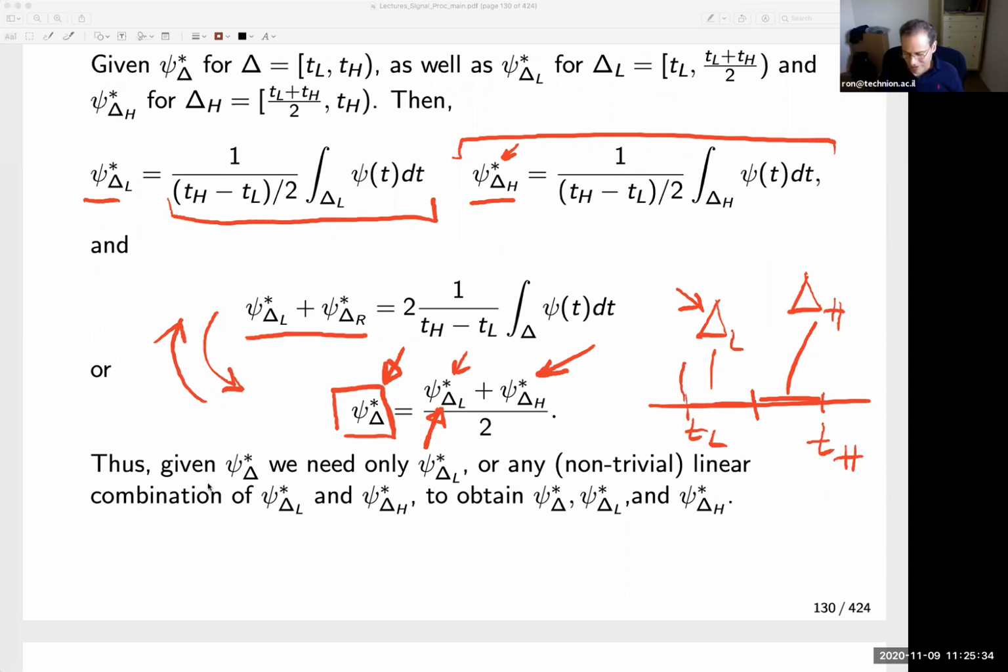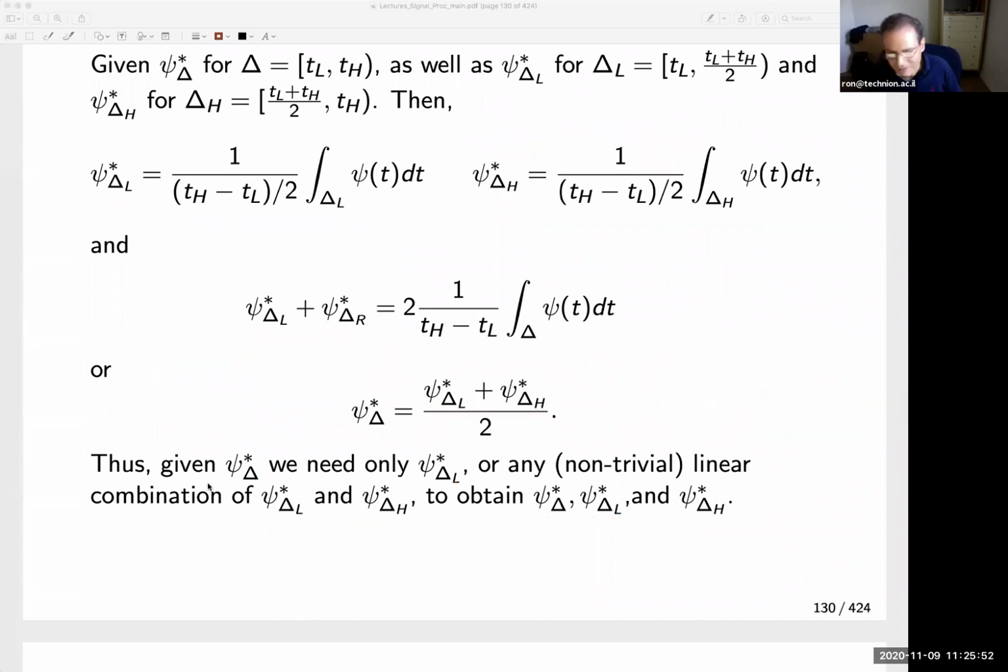So given psi at the whole interval, we need only either the low or the high, or any non-trivial linear combination of the two to obtain the three of them. Okay? So this is the only claim in this relatively complicated slide.